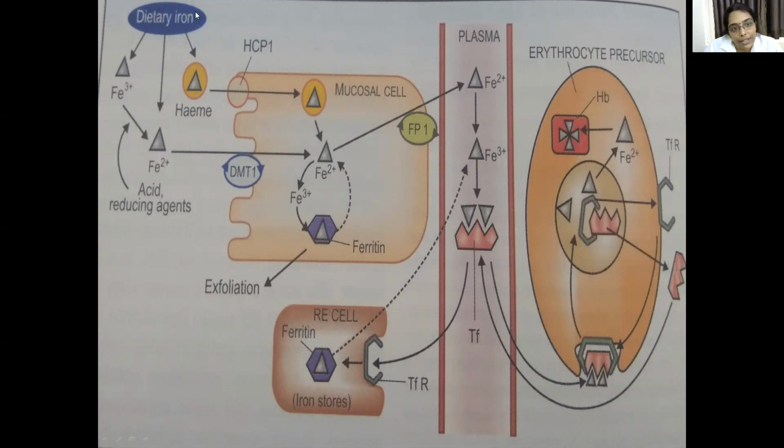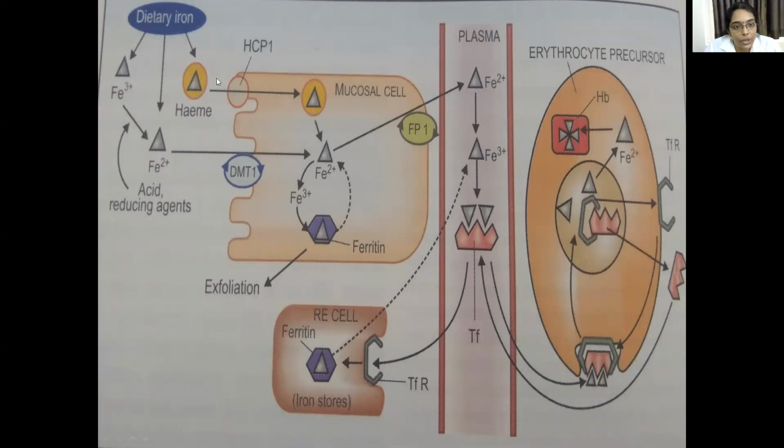Most of the dietary iron exists in the heme form or in the inorganic form. Though this iron is absorbed throughout the intestine, the majority of it is absorbed in the upper part of the intestine. Now you see here that the heme form is absorbed through a heme carrier protein, HCP, into the mucosal cell.